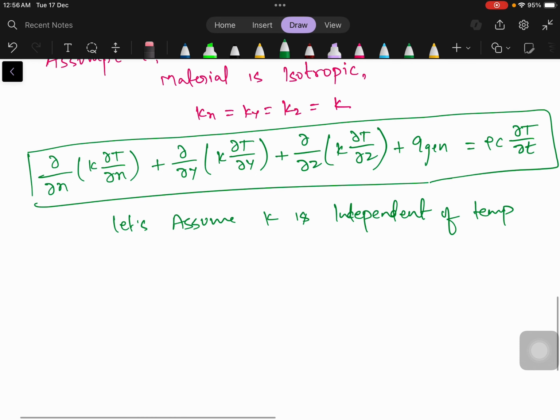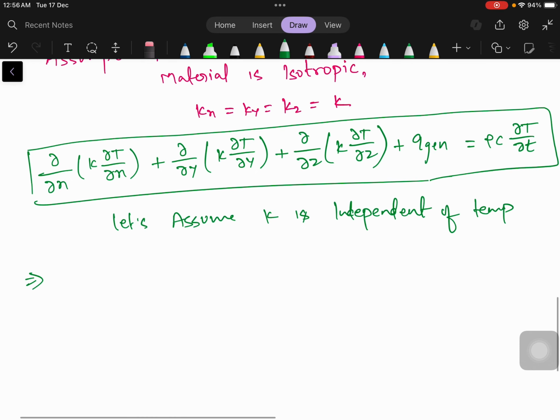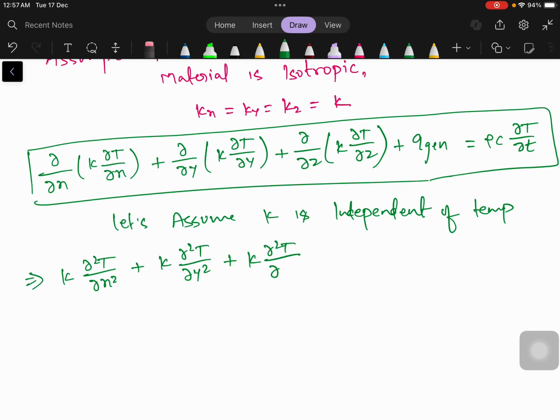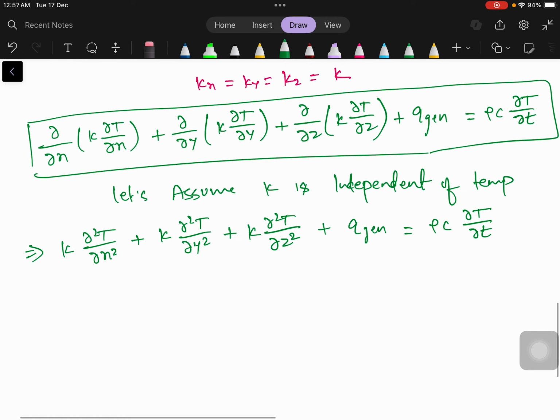Now we can remove it from the bracket and we can write k del square T by del x square plus k del square T by del y square plus k del square T by del z square plus q generated equals rho c del T by del t.